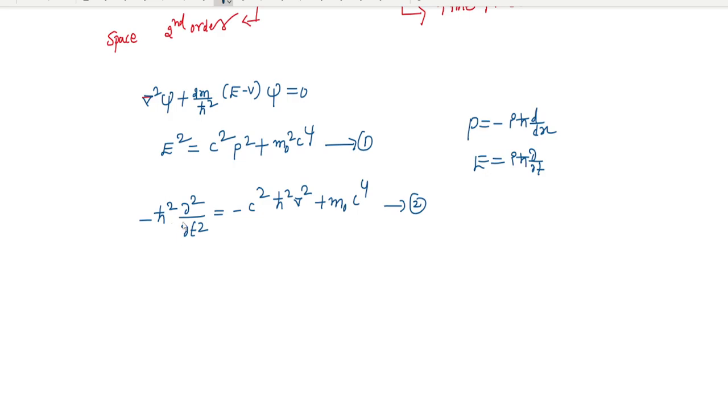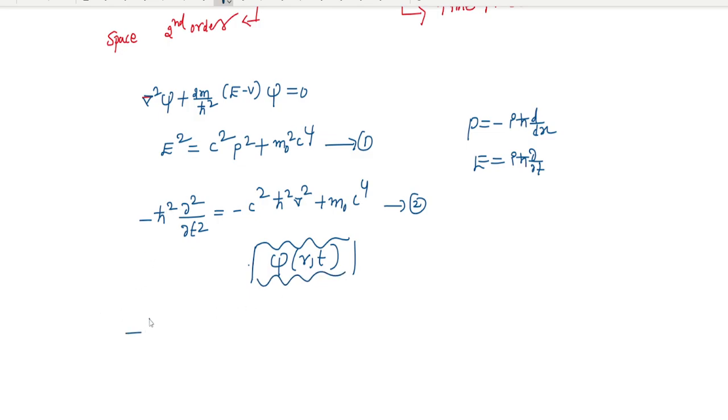So here I am going to apply this to a wave equation, I mean a quantum state. I am going to define the wave function like this, where time is also there. This is our quantum state. So I am going to use this type of wave function here.